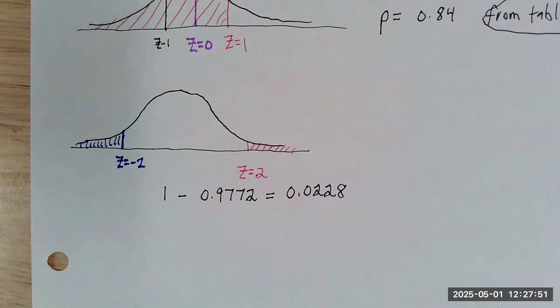So what I could do instead is go find what z is equal to -2 is, and the way the table works, it tells you everything up to that point. This area should be the same as that area. So let's go look at z is equal to -2.